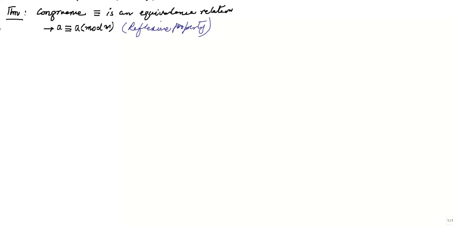Okay. The next one is the symmetric property. So we say if A is congruent to B modulo M, then B is congruent to A modulo M, and this is called symmetric property.